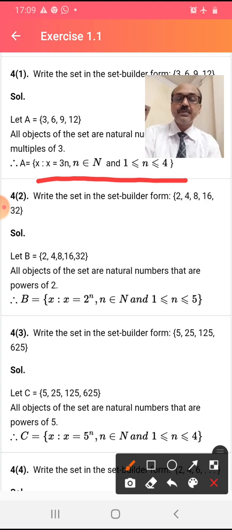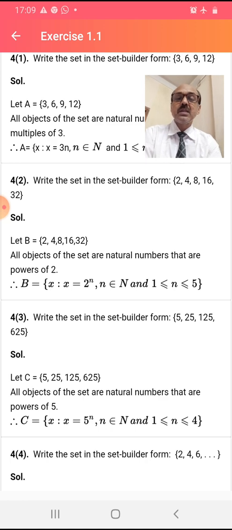Next, write the set in the set builder form: 2, 4, 8, 16, 32. Okay, so all are natural numbers. 2 to the power 1 is 2, 2 squared is 4, 2 cubed is 8, then 16, and 2 to the power 5 is 32.